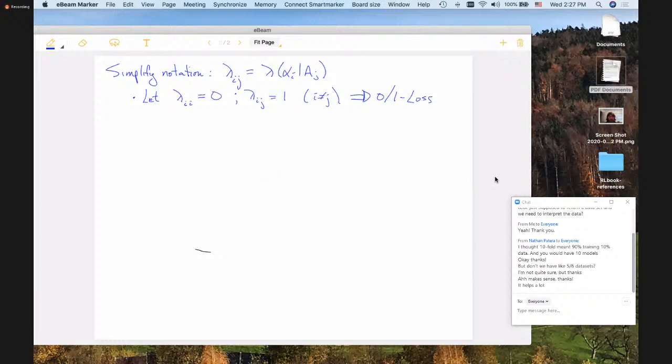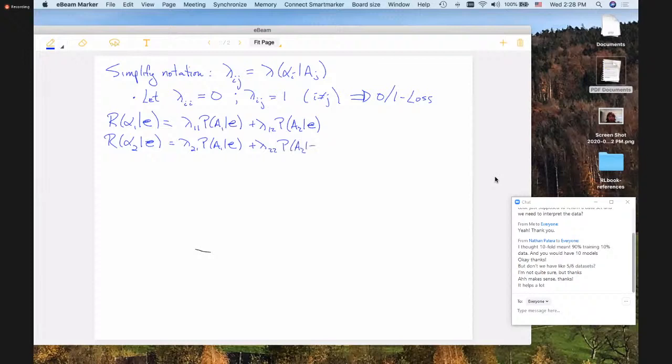All right. So now let's consider our two choices, where we can define our risk for each choice this way. Now, at the moment, these two expressions are still written in the general form.